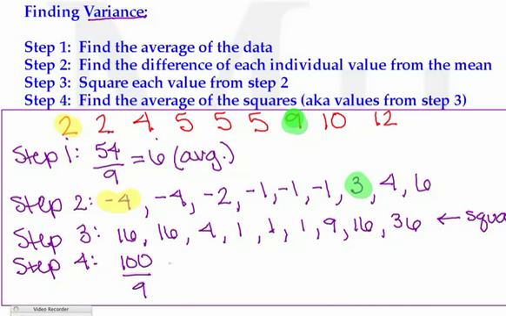So that right there is approximately 11.11. So this number right here would represent our variance for this above data set given to you right here.